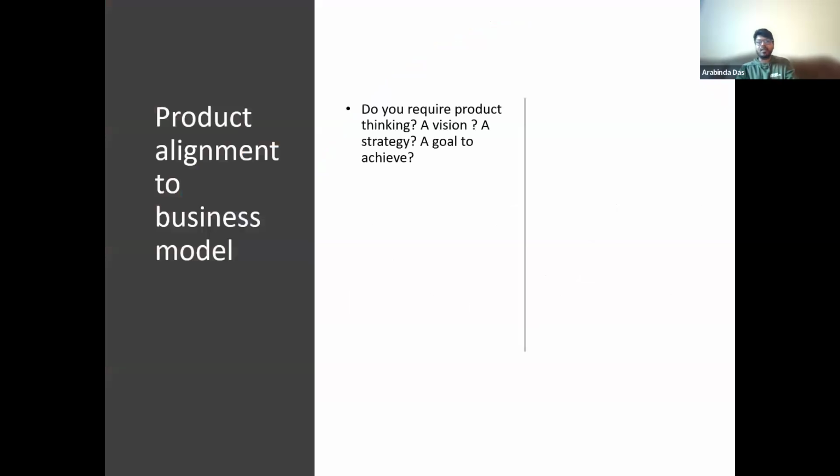Okay. So as Christian mentioned, we should have product thinking, a vision of what we are trying to deliver. Do you think we can align that in a simple statement, to have that vision, that strategy, that goal that we are trying to deliver?